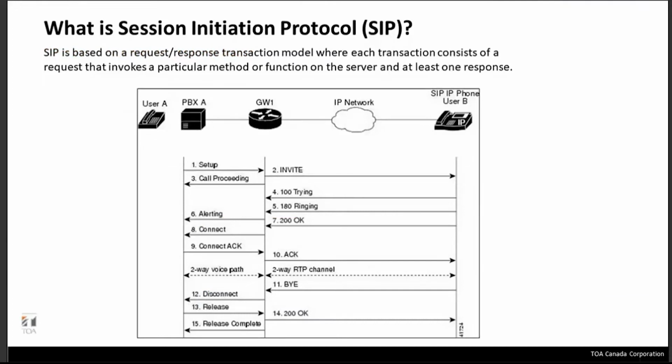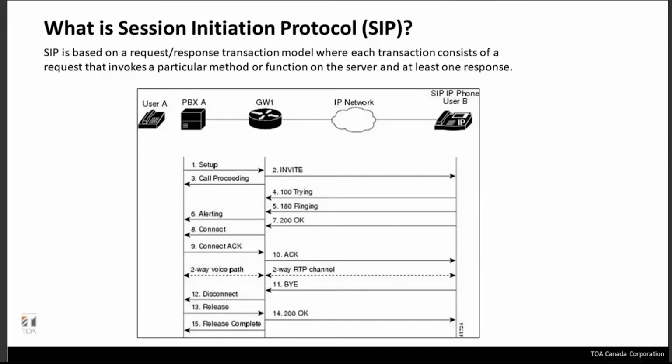Set up a call, and then the gateway, on behalf of the user agent, is sending a request, which is number 2, to user agent number B, and then you get the response. As I told you previously, the response comes with a number. You can see the numeric number, a 3-digit 100.